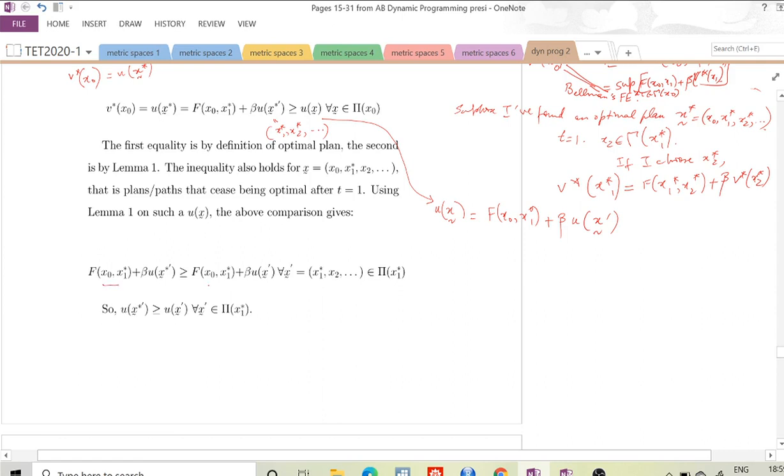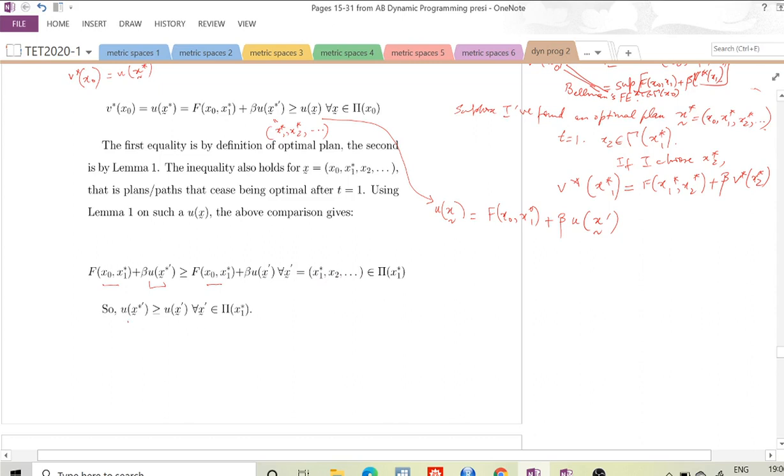In the first period, I get the same current return. But this is greater than or equal to that. So that means that u of x star tilde prime is greater than or equal to u of x tilde prime for all x tilde prime here, right?